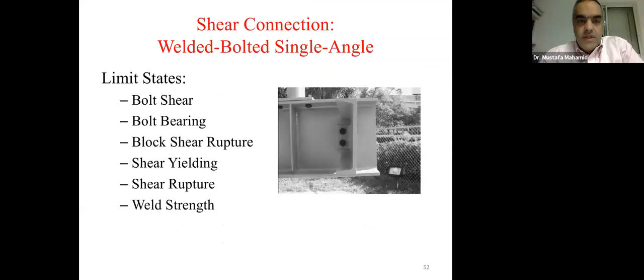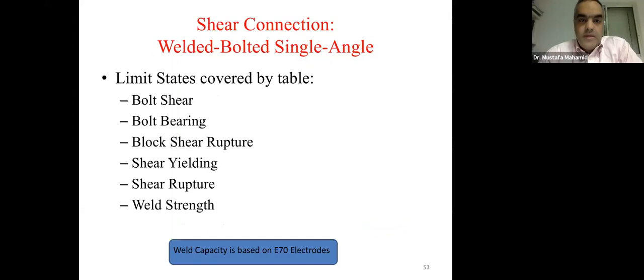Single angle connection, that's another type. We talked about the double angle connection, but this is single angle connection, welded bolted. Here the limit states that need to be covered are bolt shear, bolt bearing, block shear rupture, shear yielding, shear rupture, and weld strength. And what's covered by the table is the same: bolt shear, bolt bearing, block shear rupture, shear yielding, shear rupture, and weld strength.